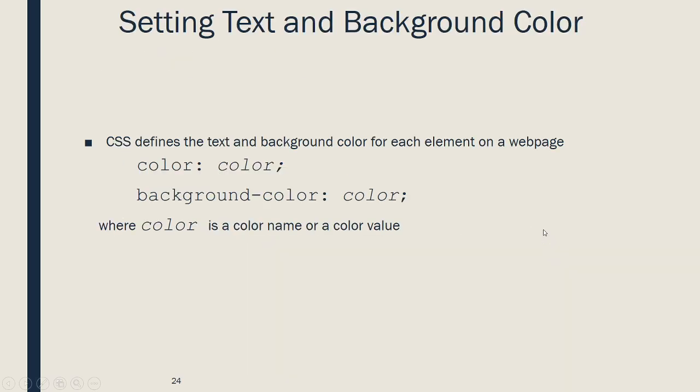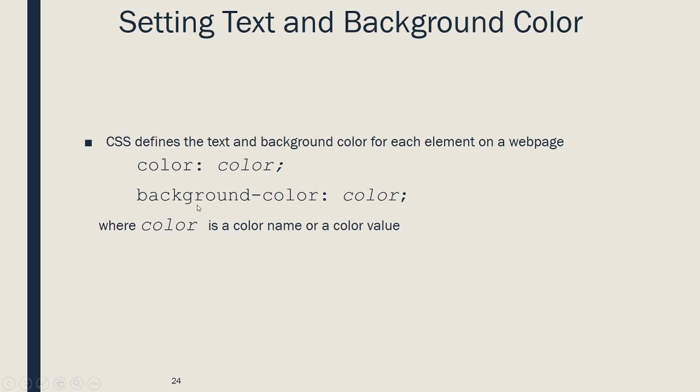Now, you can use those colors to set the text color and the background color. So you can set the CSS to define the text and background color for each element on a web page. To set the text color, we have the color property and the color value. For the color value, you can have the RGB and HSL.